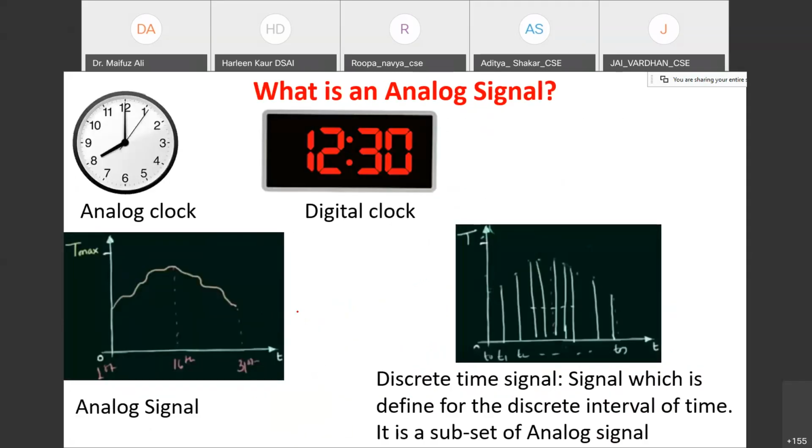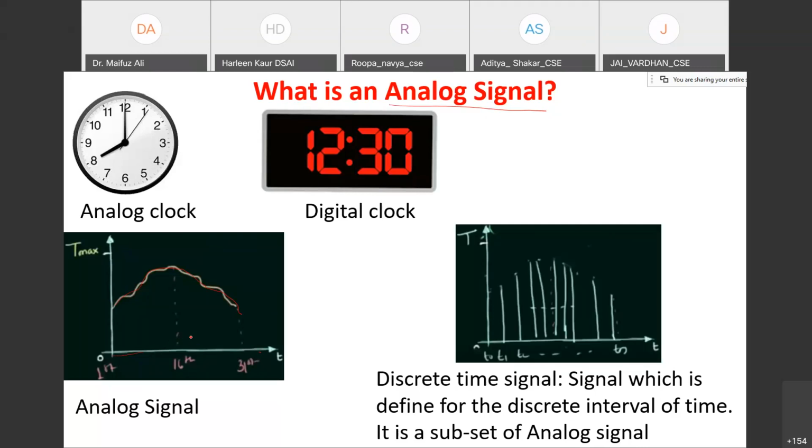Signals are widely divided into two parts: analog signal and digital signal. What is an analog signal? Suppose you take the temperature in a continuous way, every second or every minute, and you get a continuous graph, because time is changing continuously. All our natural signals are analog signals, but we need digital signals.